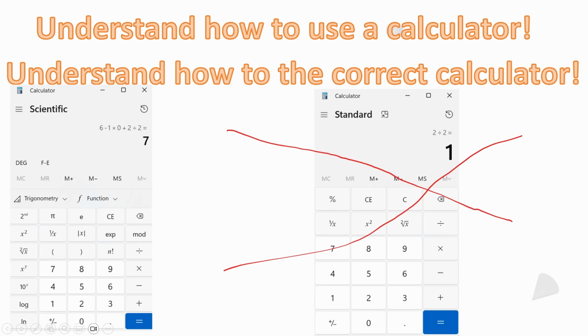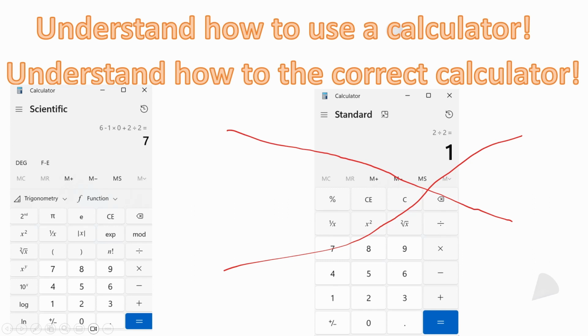It just basically remembers your last operation. It doesn't know about the order of precedence of operators. So you're going to probably get a 1. And a lot of people go, oh, look, my calculator said it's a 1, so that verifies what I already thought. Well, no, that's wrong. If you use it in scientific mode, it will solve it correctly and understands the order of operations, and you get the right answer of 7.